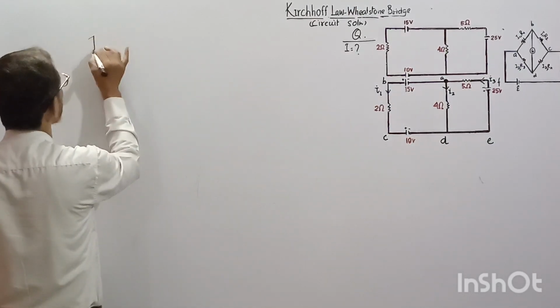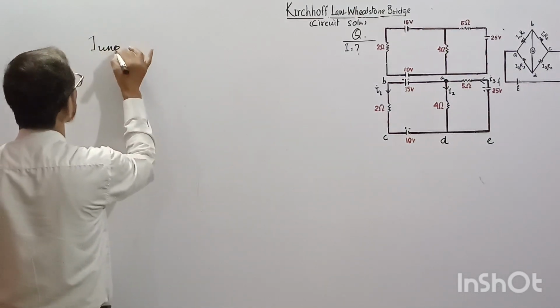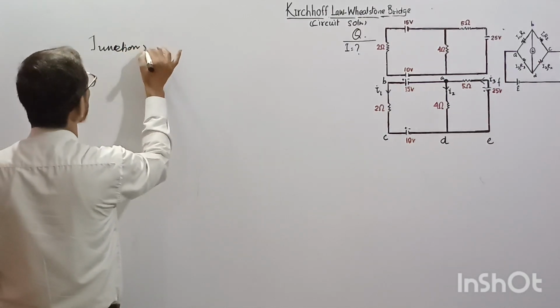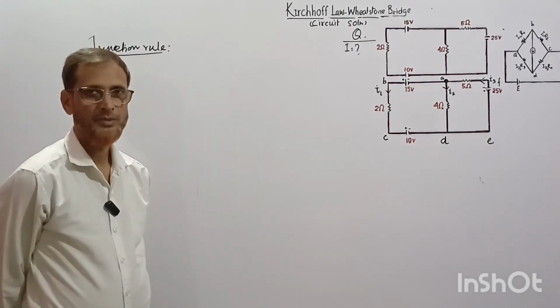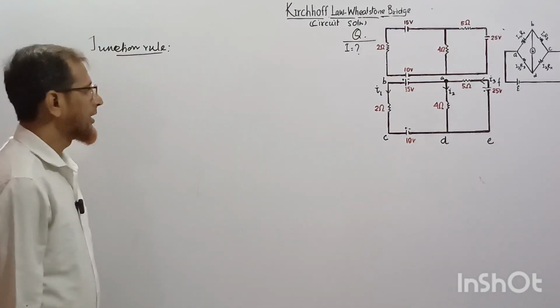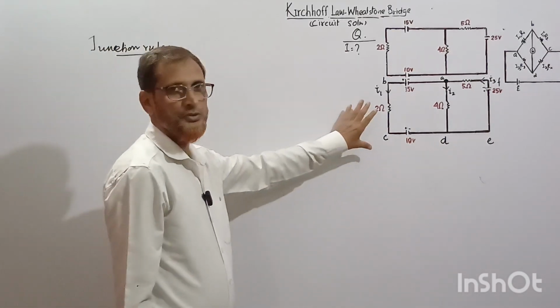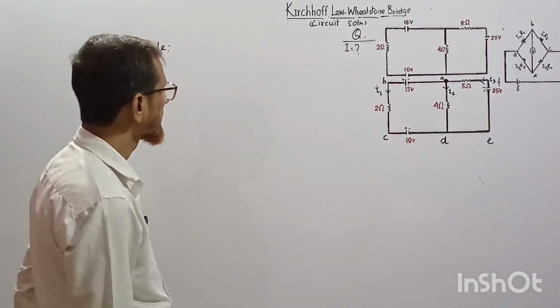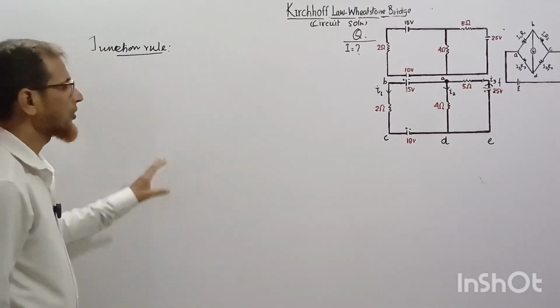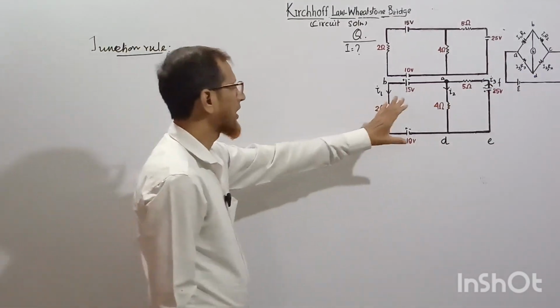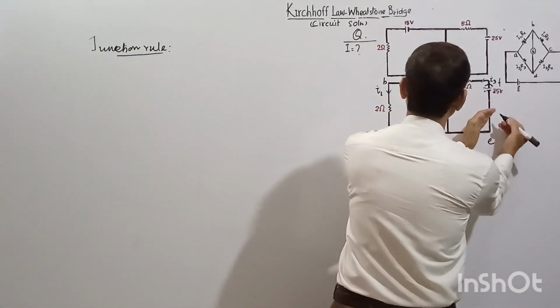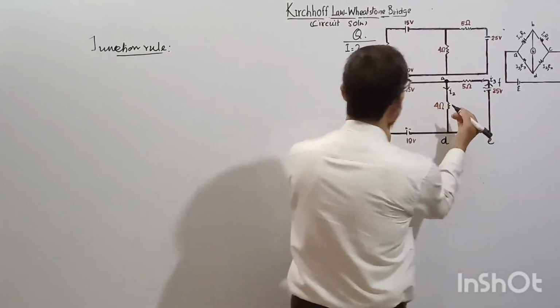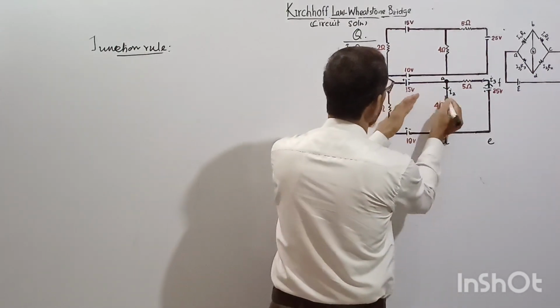Junction rule. Now let us start solving the problem. So here we will apply the junction rule. You see outside the circuit, this side and this side. On this side there are two currents, I1 and I2.